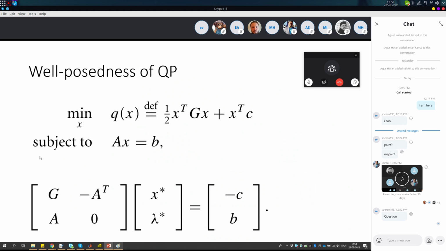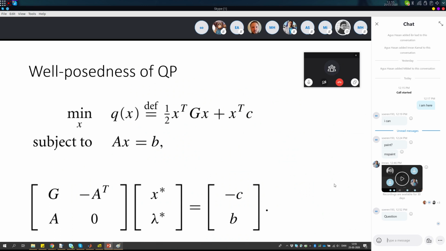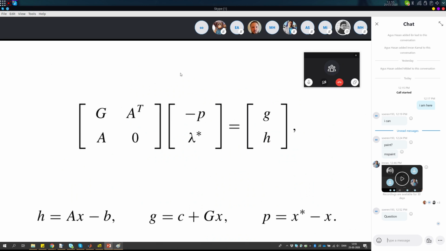And then there is a trick that we can use in order to show that this problem has a solution and the solution is unique. I will not go into the detail, but if you define this kind of new variables, then you can transform your optimality condition, this guy, into this guy.